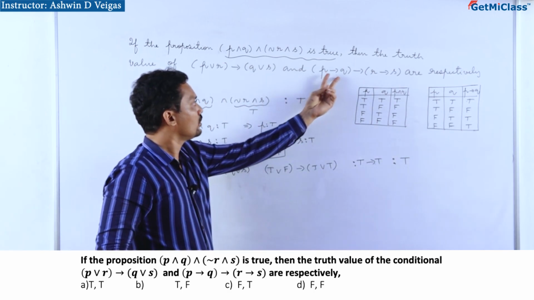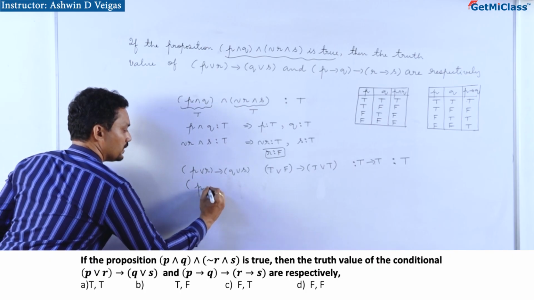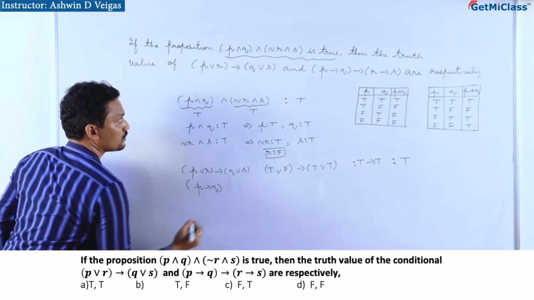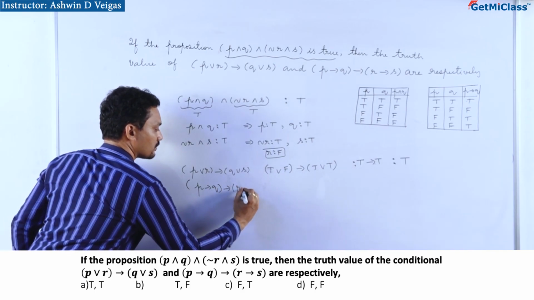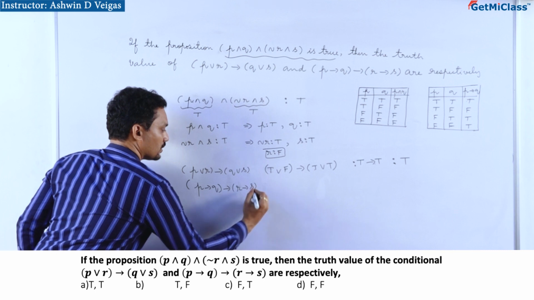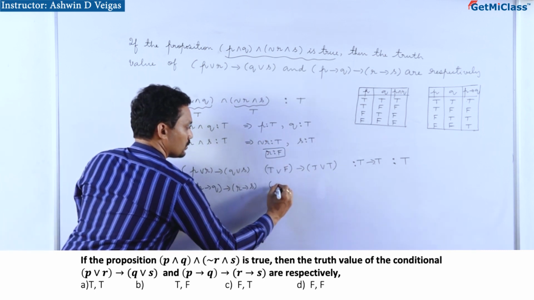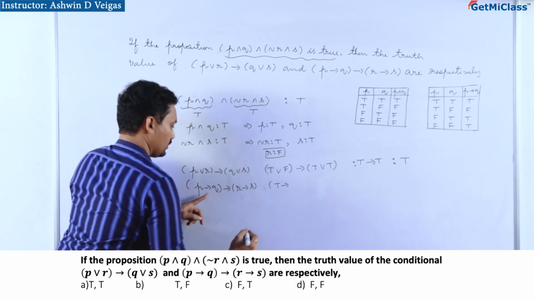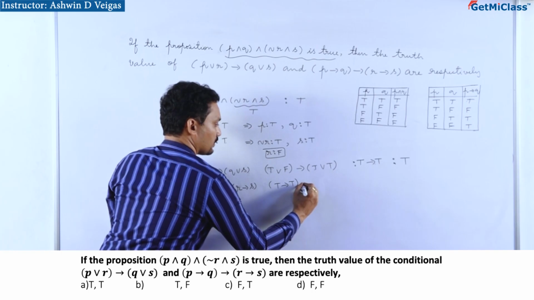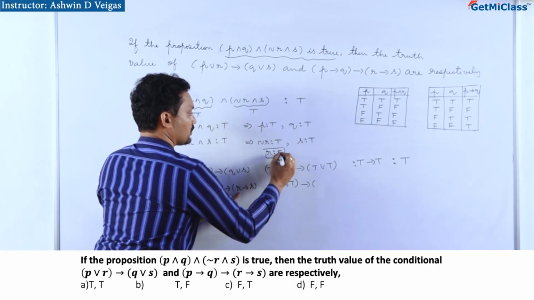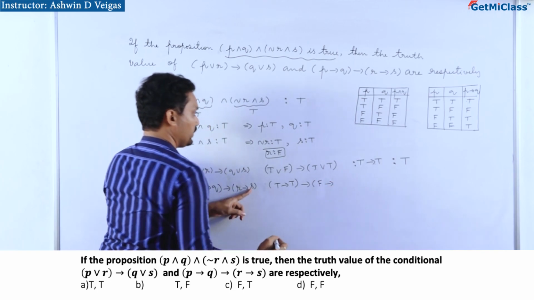Now, if you go to the other one, (P then Q), then (R then S). Now, we will see this truth value. P is true, then Q is also true, then R is false, then S is true.